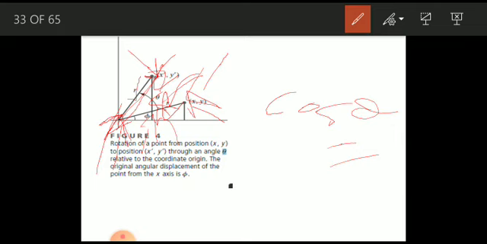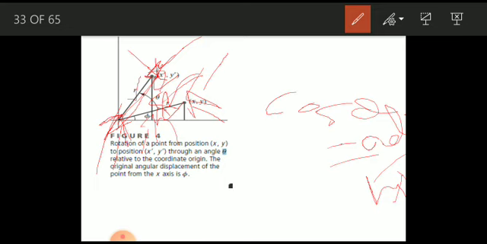Alright, let me tell you, cos of theta is nothing but the adjacent side divided by the hypotenuse. Now we are talking about the rotated point x dash comma y dash.